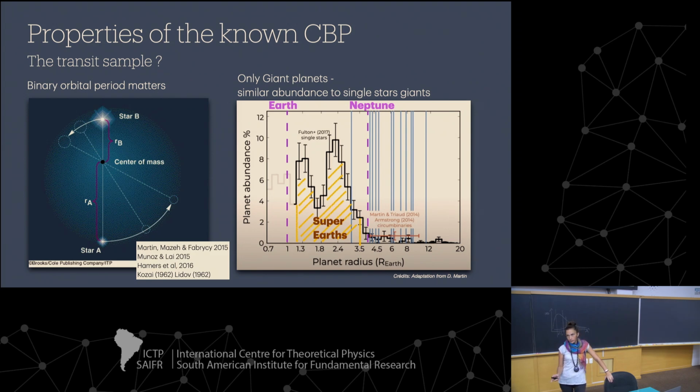If you start observing with radial velocity, then you can find more exoplanets. The problem is, these planets are in a hierarchical system, so they are far away from the binary.